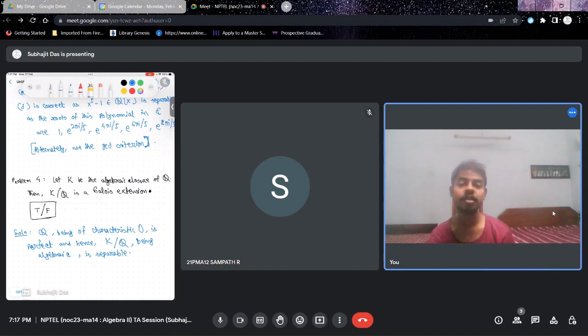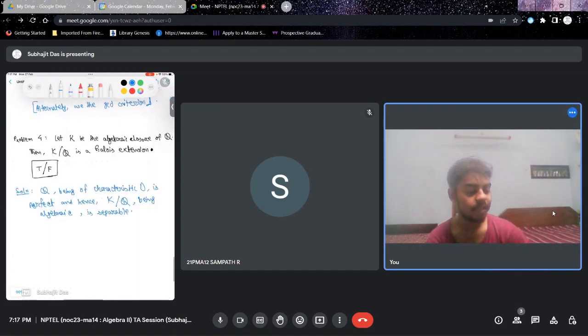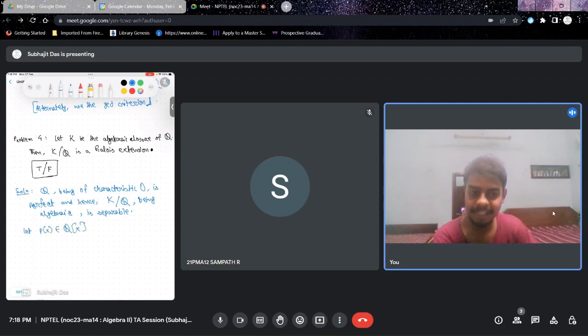So we are only left to see whether this extension is a normal extension or not. Indeed, it will be normal very easily. Certainly this extension is algebraic.